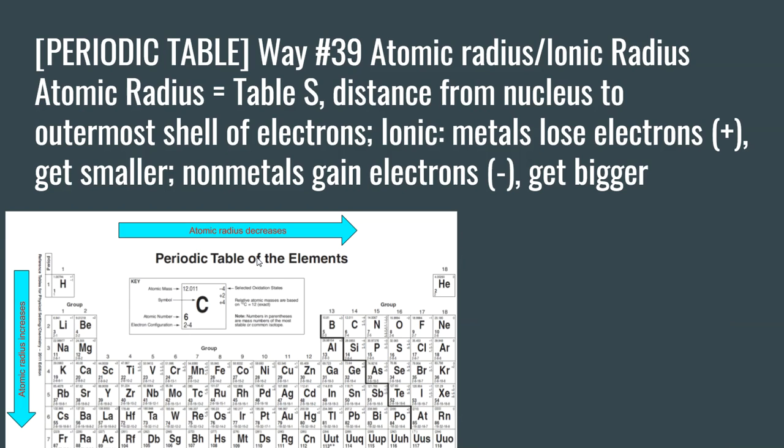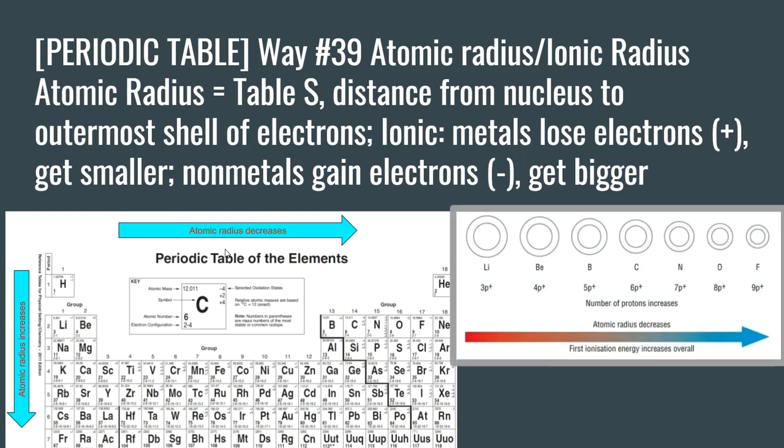Now let's talk about why the atomic radius decreases across a period. If we go across period 2, notice that lithium, beryllium, boron, carbon, and nitrogen all have 2 energy shells because they only have 2 digits present in their electron configuration. But why does the atomic radius decrease? Well, look at the nuclear charge of each of these elements.